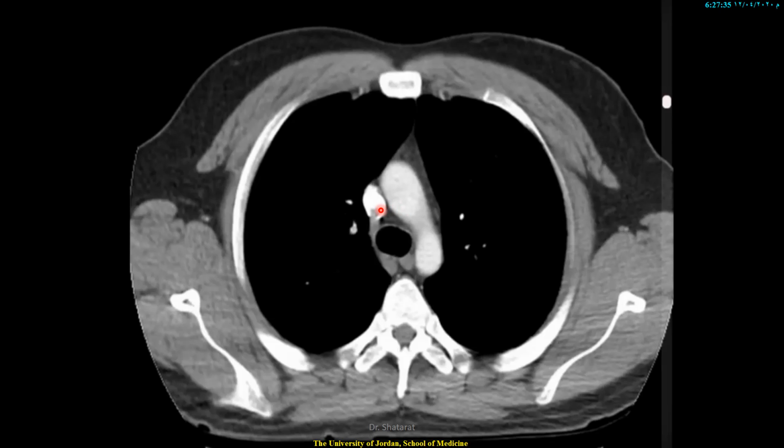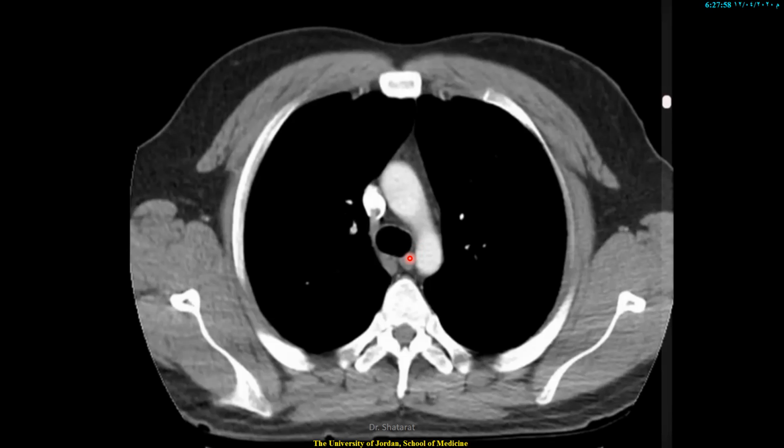Also in the lower part of the manubrium we have the superior vena cava itself, the upper part of it, and as we go above and behind the manubrium we would see the brachiocephalic veins which form this vein.